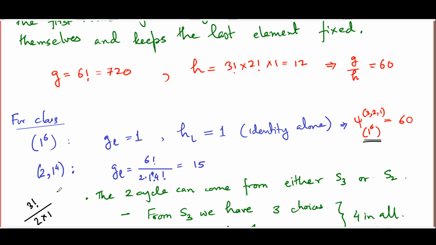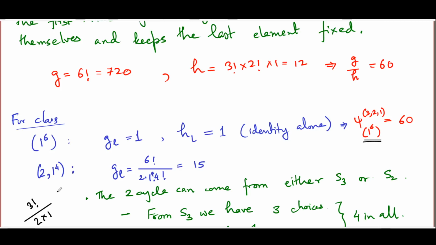Once you have chosen the 2-cycle and a single 1-cycle from S3, you have to of course choose two 1-cycles from S2 and the last 1-cycle from S1. Here there are no choices left because there is only one way you can get a permutation with two 1-cycles, namely the identity out of S2, and of course there's only one element in S1 anyway. So if the 2-cycle comes from S3, there are exactly 3 ways of doing it.